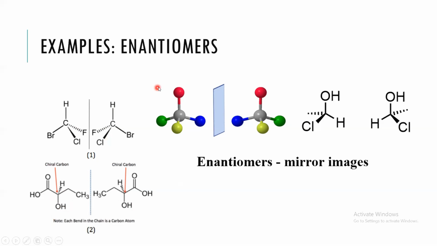I want to illustrate a really important point over here, because I think this point was confusing to me as a student, and I really tried this exercise in order not to be confused anymore. A lot of professors will say, rotate the molecule and you'll discover if it is an enantiomer or not. And you might think, if I rotate this molecule in a specific way, I'm going to have this molecule.